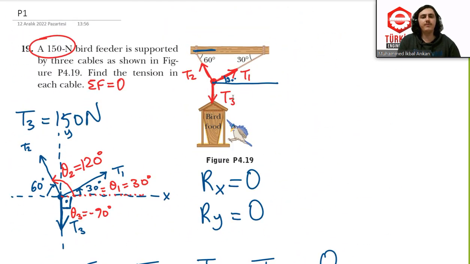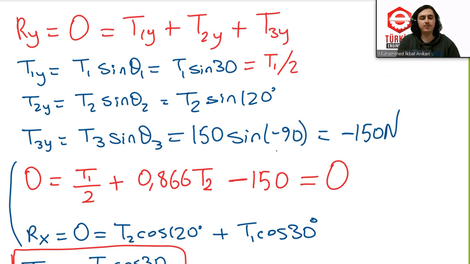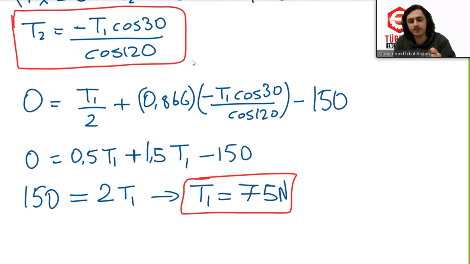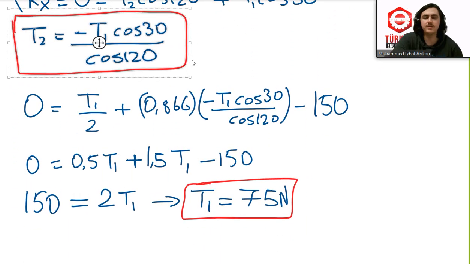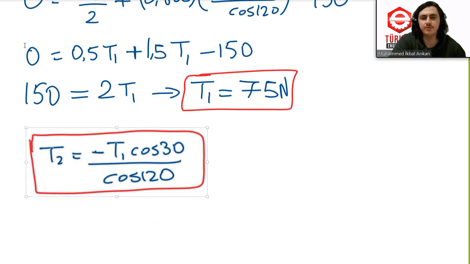Actually, now you are given that the third tension force is equal to 150, and the first tension force you calculated as 75. The unit is Newton, but you didn't calculate the last one, which is tension 2. So by using this equation, you will calculate tension 2. So when you see tension 1, you can put the value which you calculated.